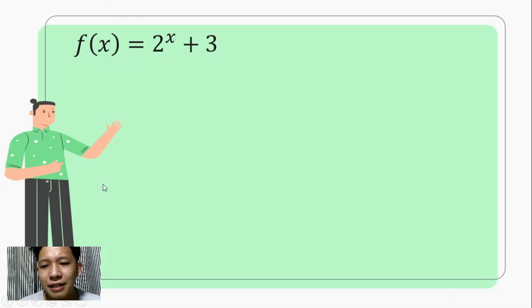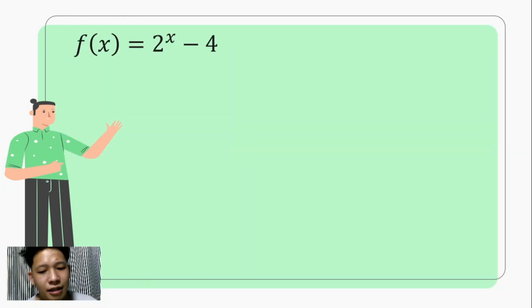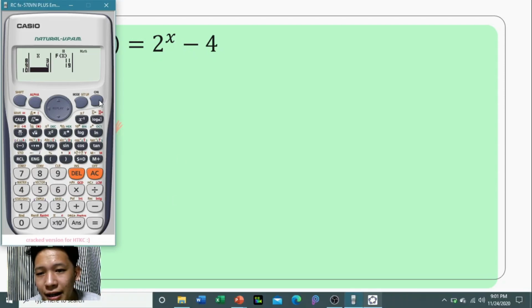And our last modification, what if we have subtracted a number to the whole function? Then, using our calculator, that would be 2 raised to x minus 4. So, we will have this table of values.